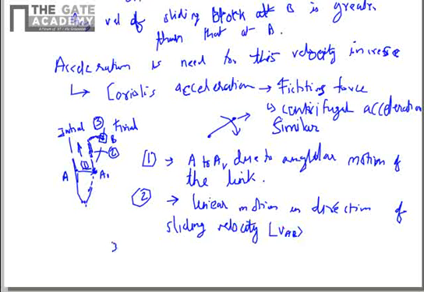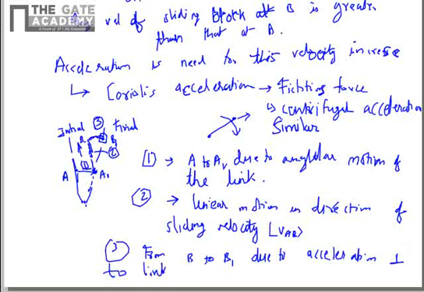And the third part is, let's say this point is B, this point is B1. So from B to B1 due to an acceleration which is perpendicular to link, the link OA.